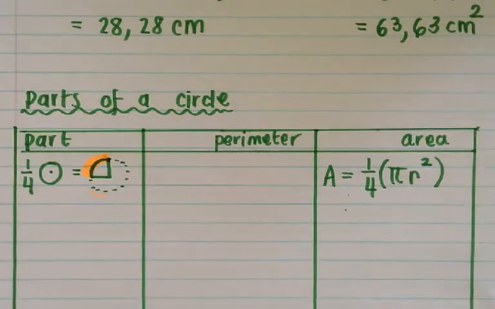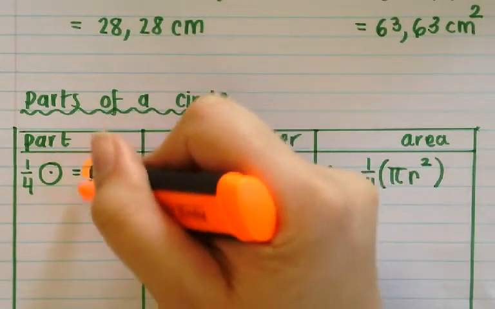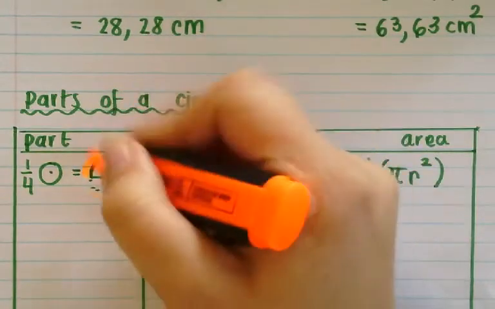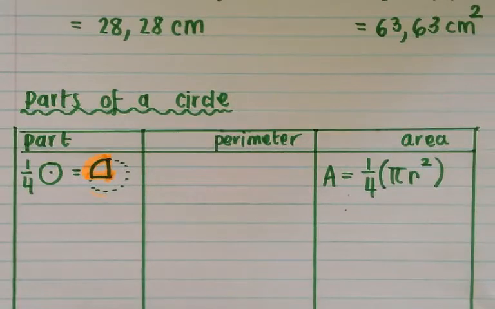Do I only have this random curve in the middle of the space? Or do I also have two lines that connect to the center of that circle? So that's the quarter of my circumference, because the circumference is everything around, but I also have 1, 2 radii that now form part of this perimeter.